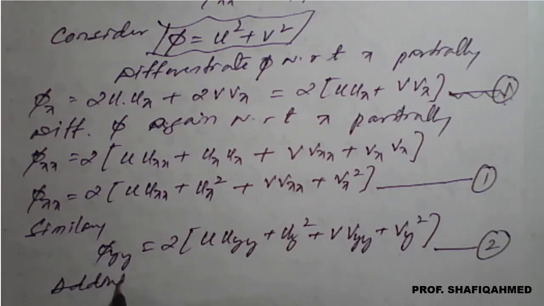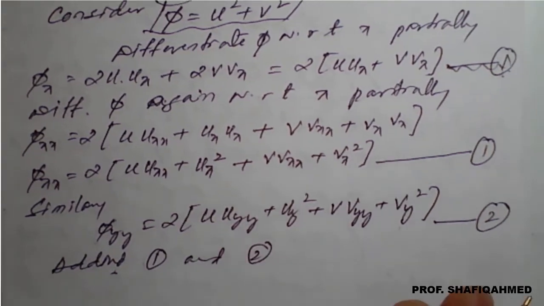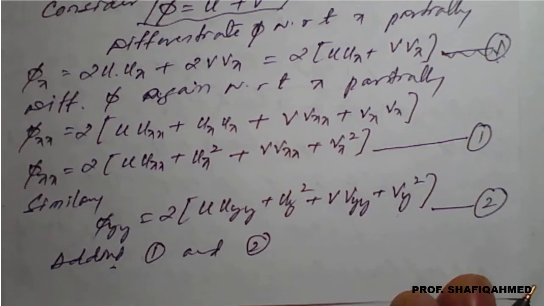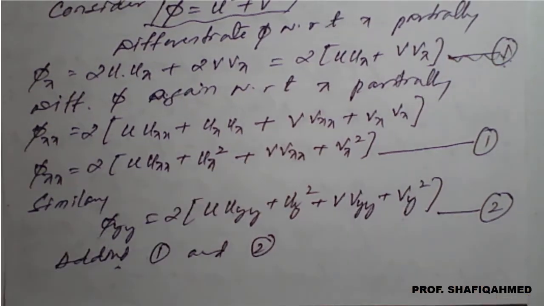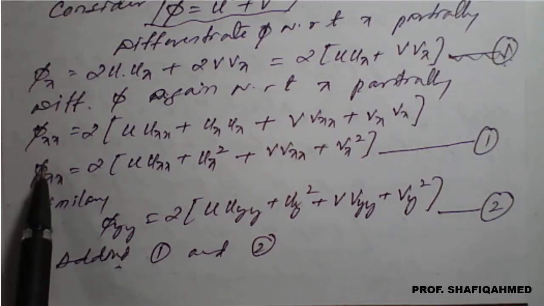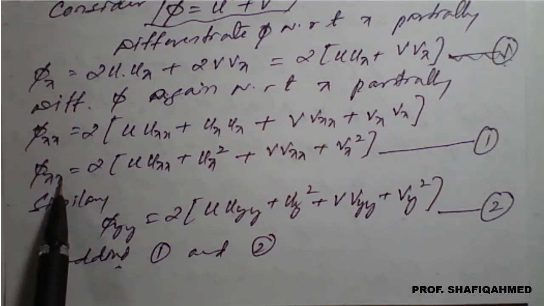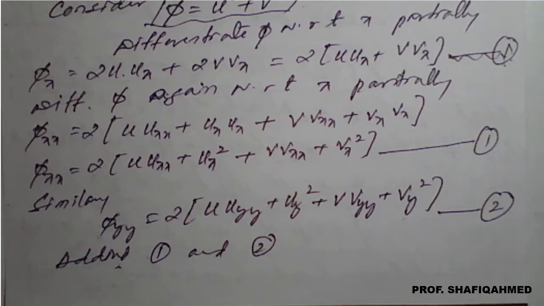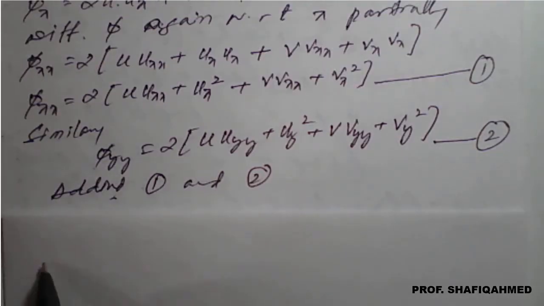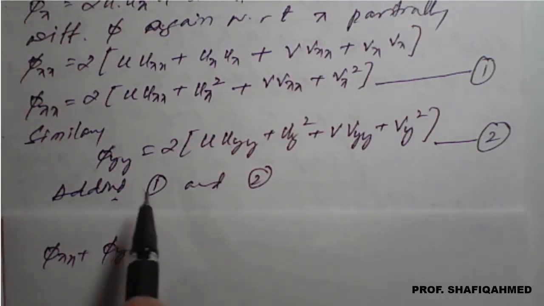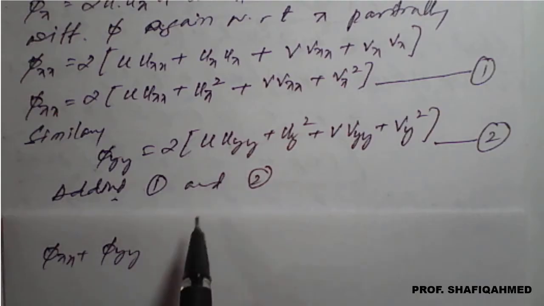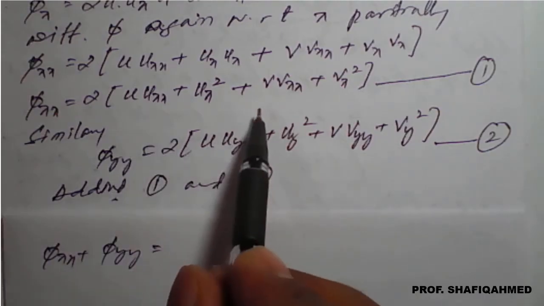Adding 1 and 2. So left hand side add with left hand side and right hand side add with right hand side. So adding left hand side, that is phi xx plus phi yy, is equal to the right hand side.